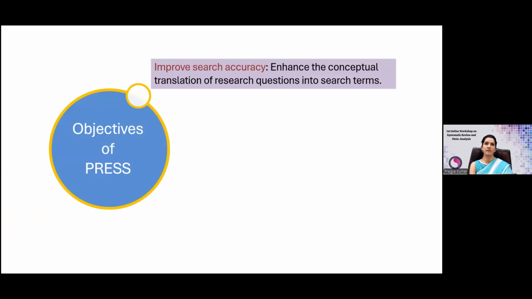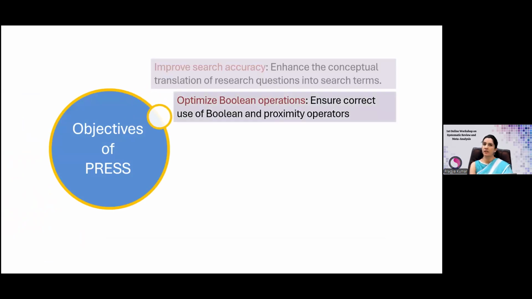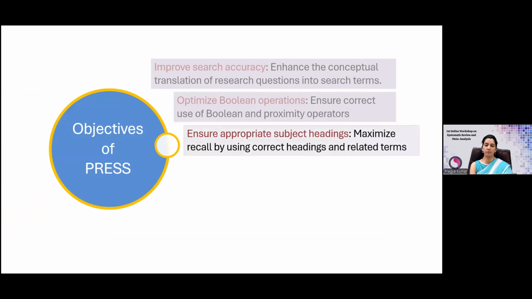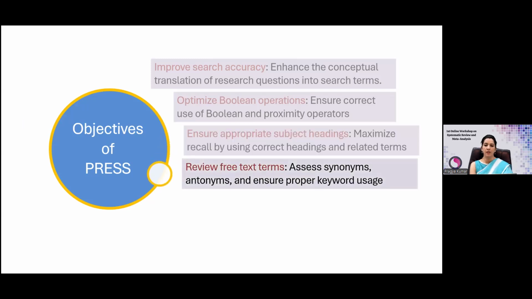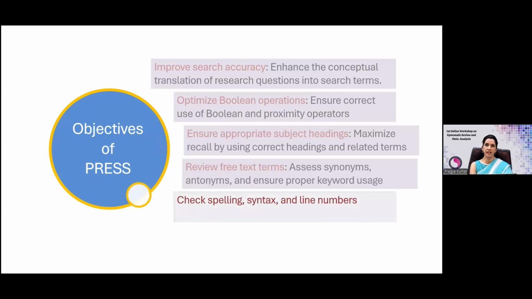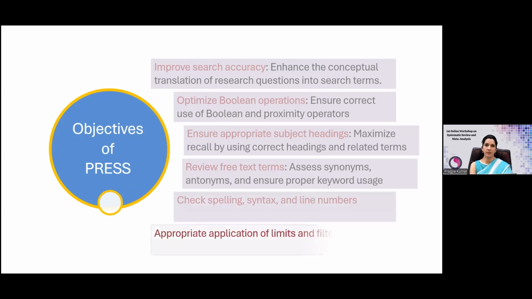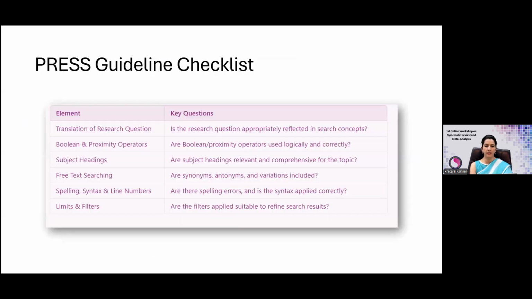The objective is basically to improve the search accuracy, and next, to optimize the use of Boolean operators and ensure appropriate controlled vocabulary, whether it is Emtree or MeSH. It also reviews the free text terms. It checks for spelling, syntax, and line numbers, and appropriate application of limits or filters if related. So this is the PRESS checklist.